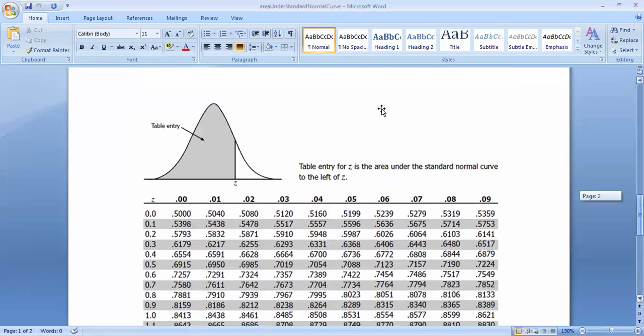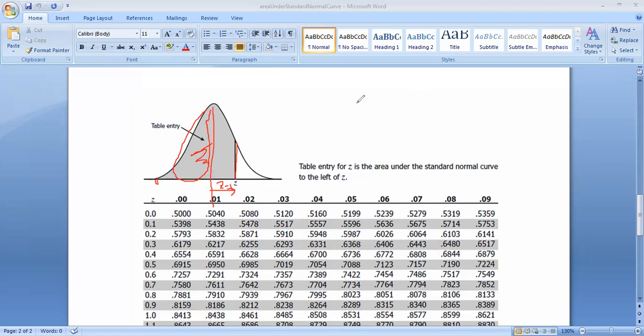Even though we are measuring Z from here, please understand that suppose Z is 1 here, we calculate the area from the left to that point. So for Z equals 1, it is obvious that this half area is 0.5, meaning 50%, and now this much will be added.